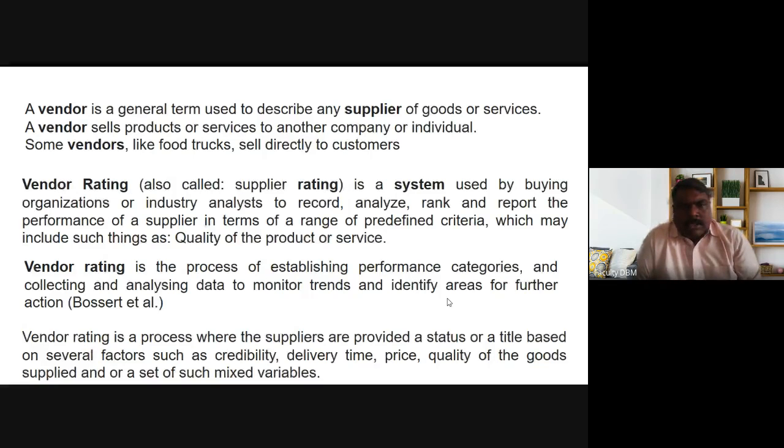So vendor rating is a process of establishing performance categories and collecting and analyzing data to monitor trends and identify areas for further action. So here suppliers are provided several factors.